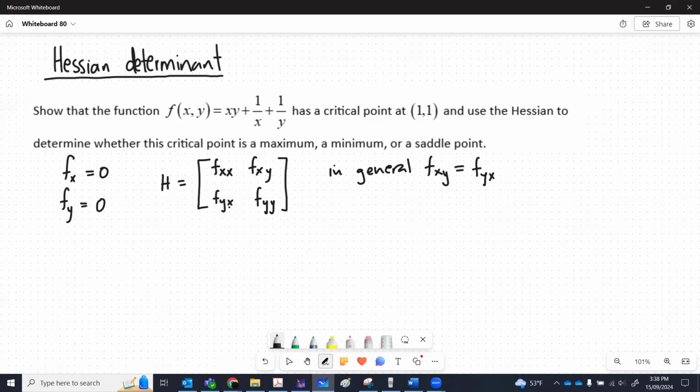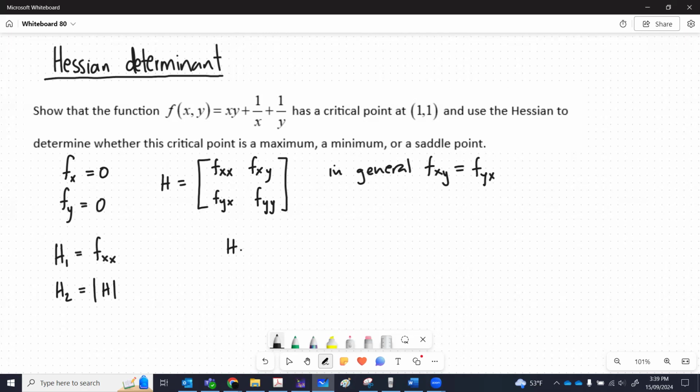All right. So how does this Hessian matrix actually help us to find or classify our critical points? It's very simple. So we work out our H1. So our H1 here, this is fxx evaluated at the critical points, and then we have our H2, which is the determinant of this Hessian matrix here.